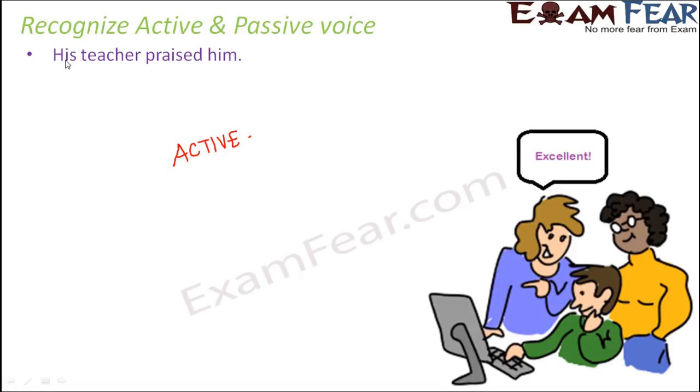So, as a quick recap of tenses, can you tell me what is the tense of the sentence? His teacher praised him. To find out the tense, you need to focus totally on the verb, praised. Praise is present. Praised is past. So this is basically simple past.